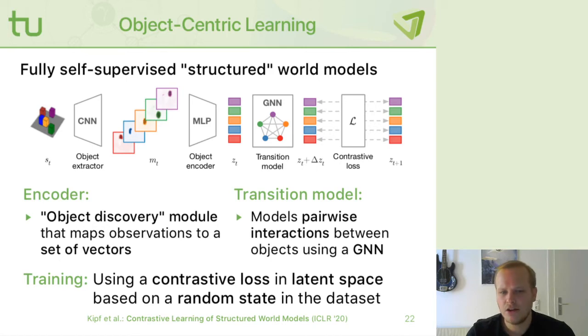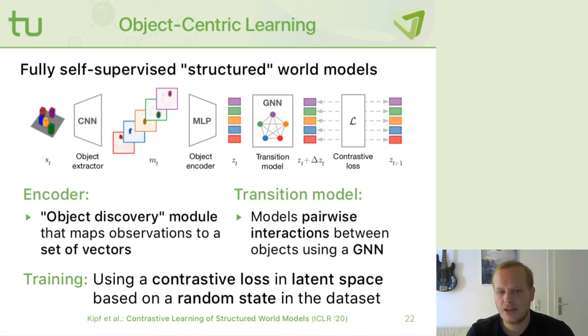So both the encoder and the transition model are trained end-to-end based on a contrastive loss, given the ground truth next hidden state and a random state from the dataset. And the cool thing about that formulation is that this network behaves in a fully self-supervised fashion, which basically means that the model learns about objects and their interactions completely on its own without any further supervision.